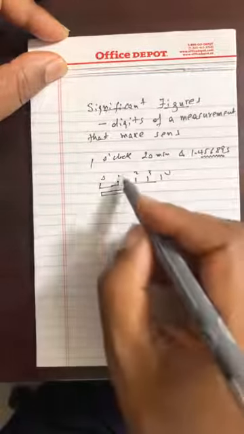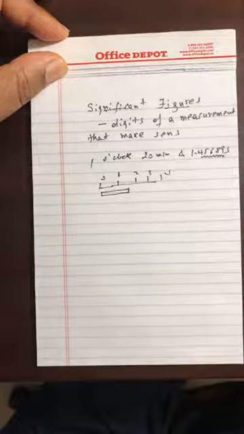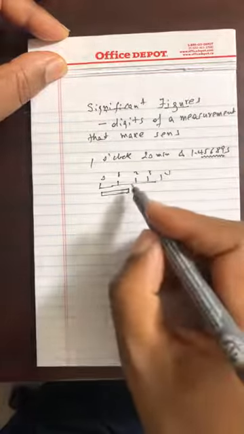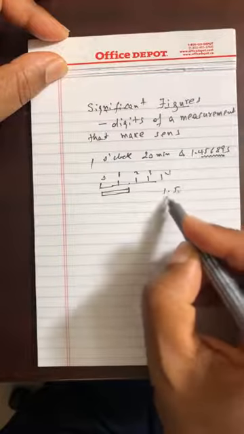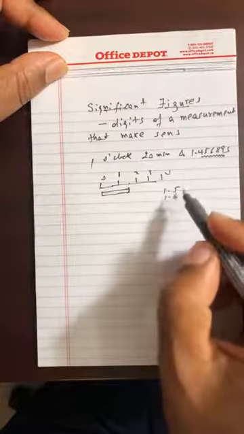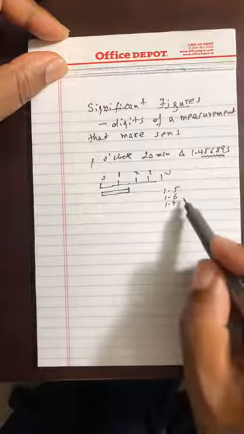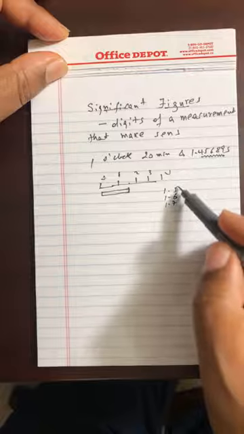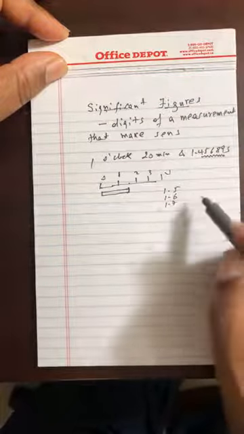The length of this object is obviously between 1 and 2. There is no question that the first digit is 1. And then we can guess this number. Some people might say the reading is 1.5, some might say 1.6, some might say 1.7, but we are allowed to guess one number. If you're not sure about this digit, it doesn't make sense to go to more accurate digits.